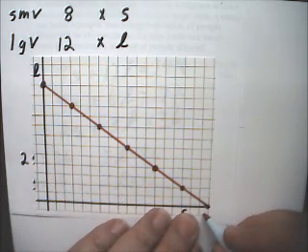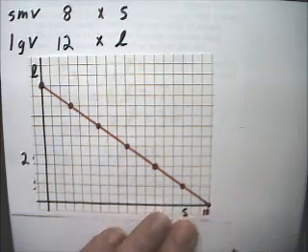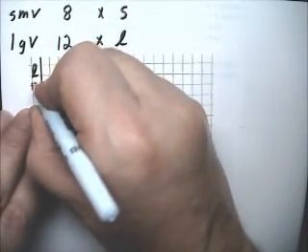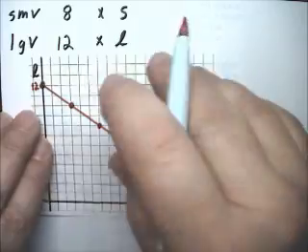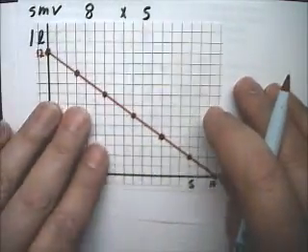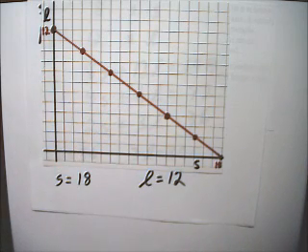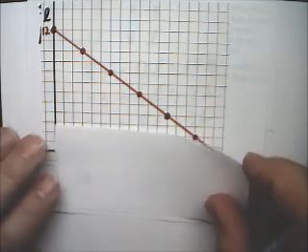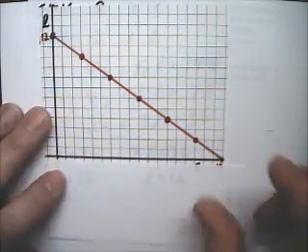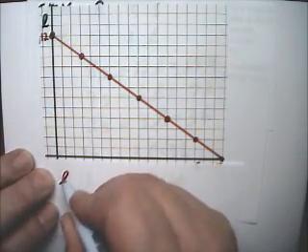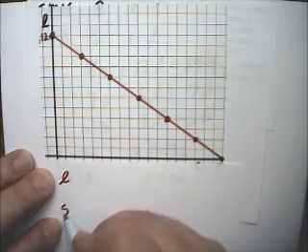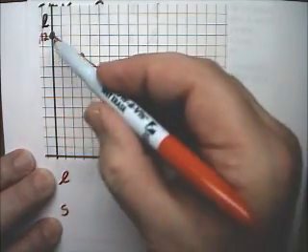Now let's see, this was 18 as I recall, and this was 12. So what I'm trying to do here is list several combinations of large vans and small vans. So let's try to get some of those combinations. This is large vans and these are small vans.